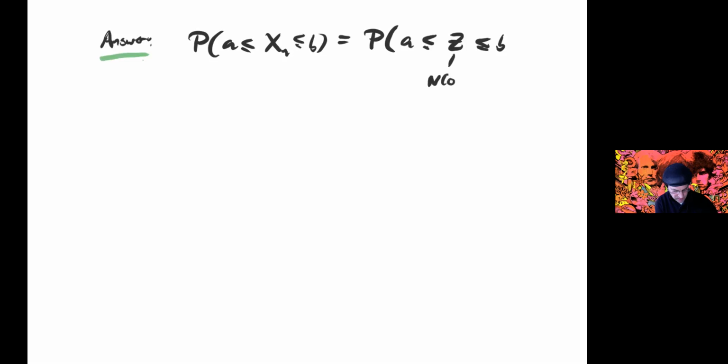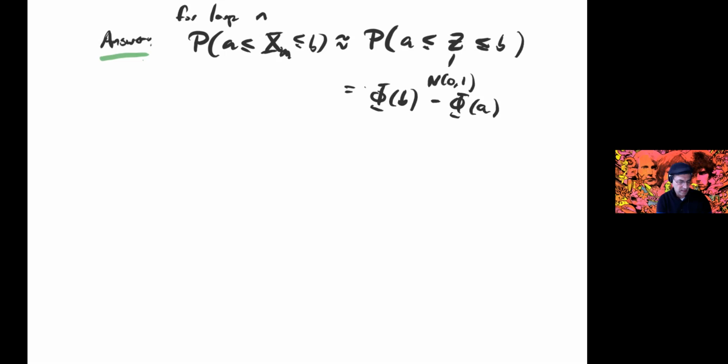This is not an equality. This should be approximately equal, and I'll explain what this means. For very large values of n, the probability for the discrete random variable X sub n is approximately given by the probability of an N(0,1) random variable Z being between a and b. In other words, this is the same thing as phi of b minus phi of a. So that's the answer.